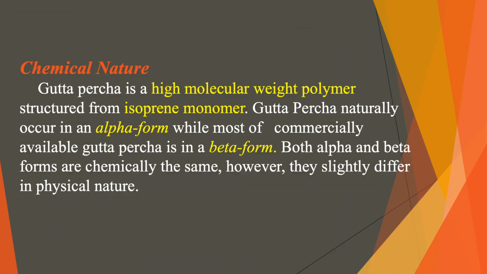In chemical nature, it is a high molecular weight polymer structure from isoprene monomers. Gutta-percha naturally is present in two forms, the alpha form and the beta form. So it is a high molecular weight polymer.